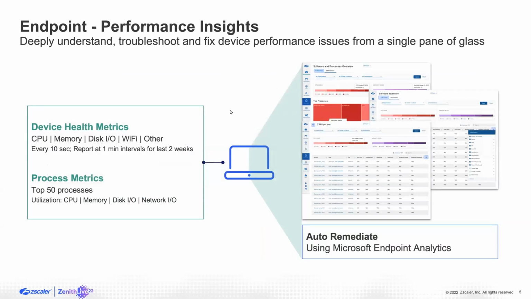Next, it is important to understand what processes are spun up as part of these softwares and what is impacting the CPU or memory, all the resources on the device. So processes inventory will allow you to view device health metrics like CPU, memory, disk, or Wi-Fi at a process level, which will allow you to identify what process is impacting these resources the most and take action against it.